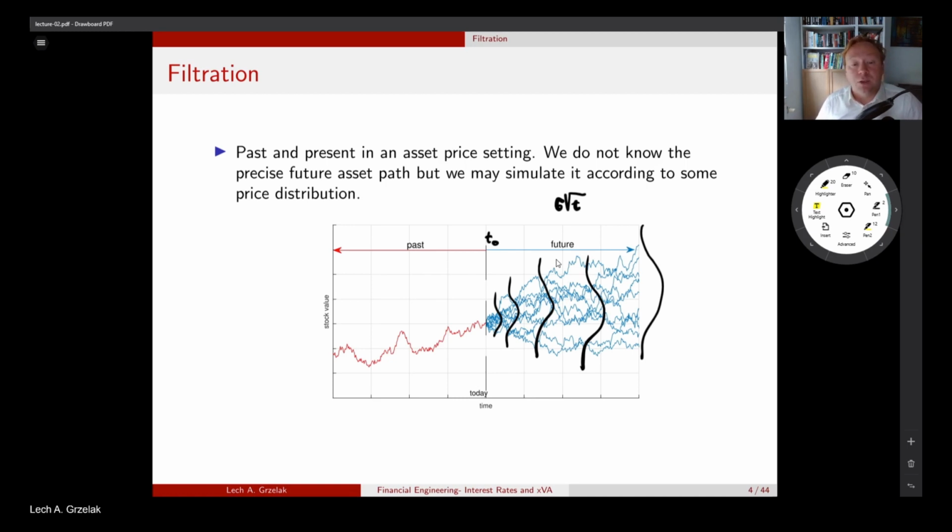We can estimate using historical data, which is typically associated with measure P. So if we have a stochastic process and we calibrate the process using historical data, using, for example, regression or some calibration, that's typically associated with measure P. On the other hand, if we use market instruments, for example, options or other derivatives that are on the market, then we typically talk about calibration of your paths using Q.